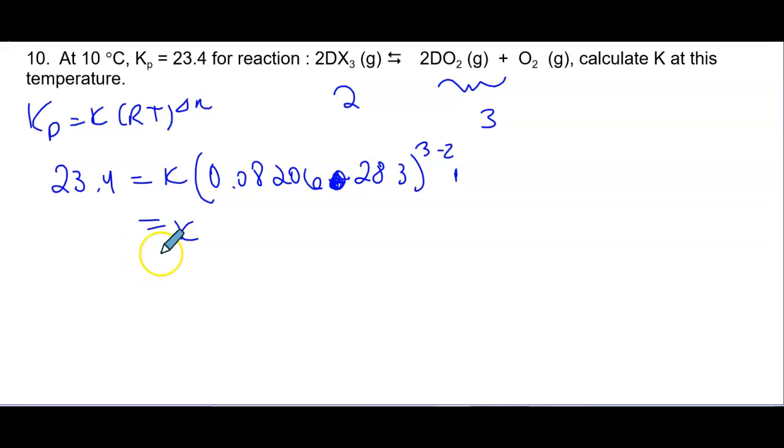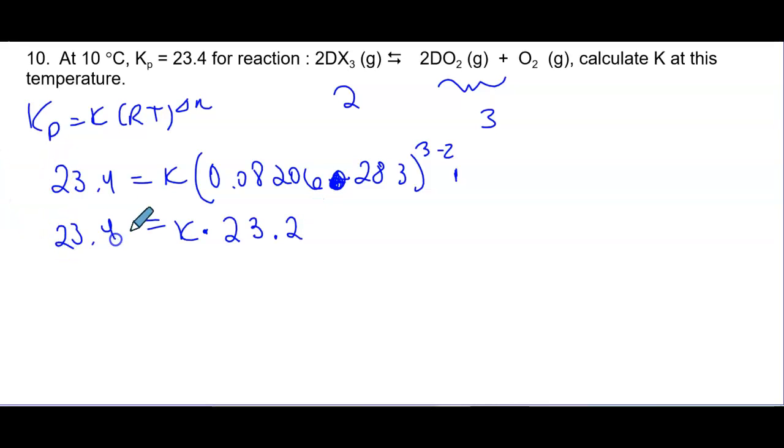So when I do that, I get 23.2. I'm just going to do 3 sig figs. So you can just keep it on your calculator. Your answer will just be slightly different than mine. Remember to multiply 0.08206 times 283, not add, multiply. So 23.2.